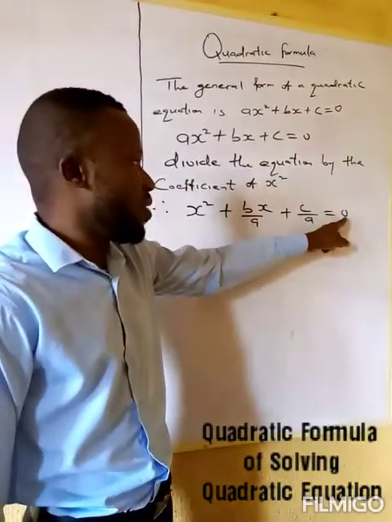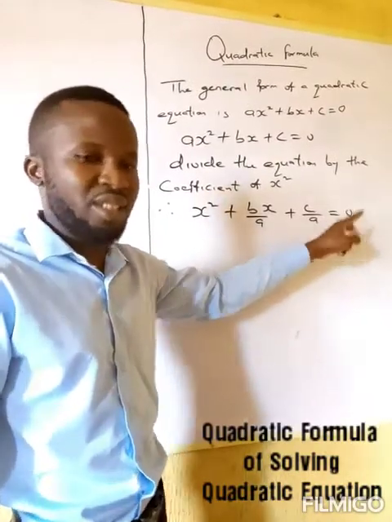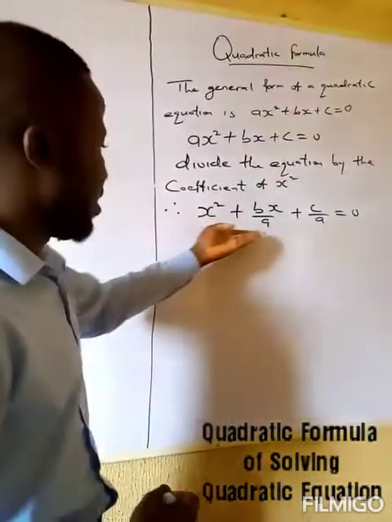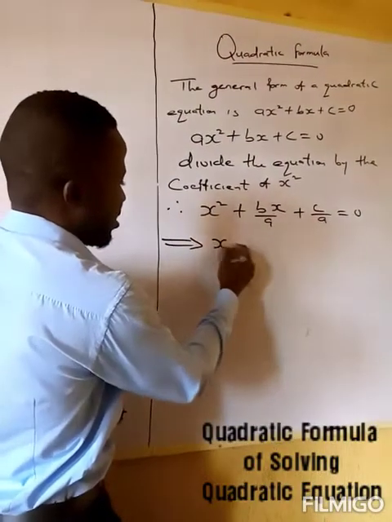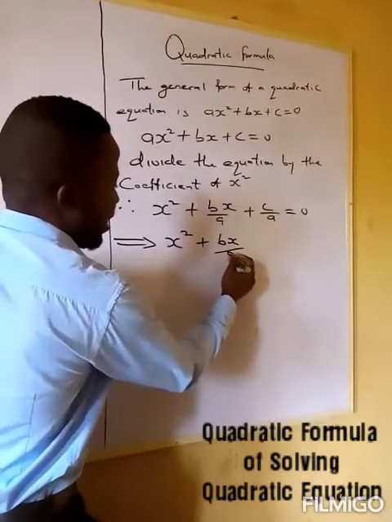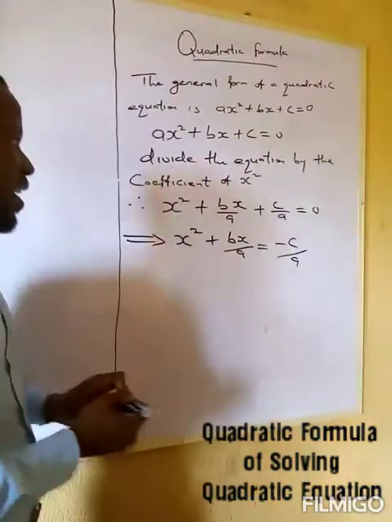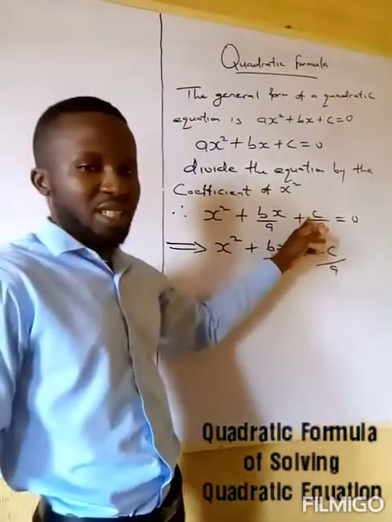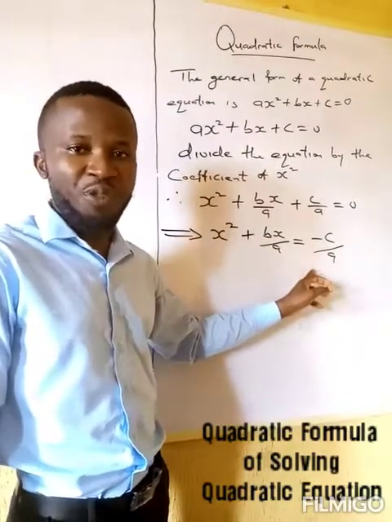That is the reason why when I divided my 0 by a, I got 0 back. Now, this equation implies s squared plus bs over a equals minus c over a. Here, I've transferred c over a to the other side to become minus c over a.